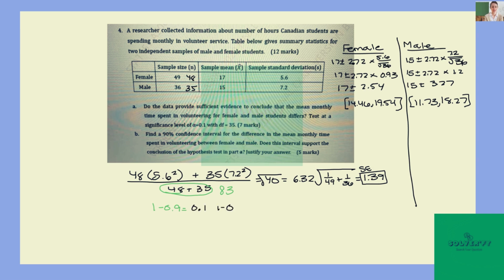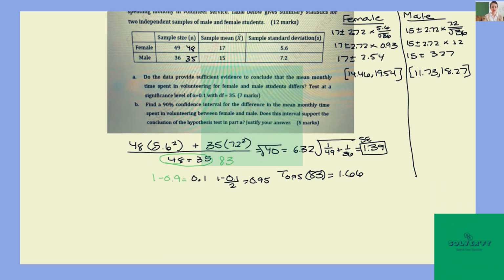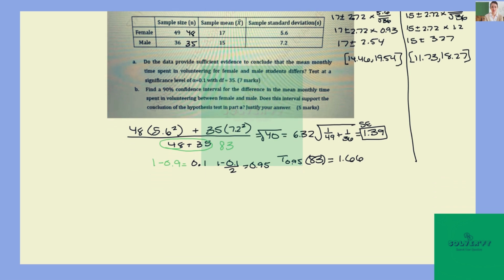And then 1 minus 0.1 divided by 2, and that is 0.95. And then you're going to take that 0.95, so t 0.95, your 83, and you are going to get 1.66 for your t-score.